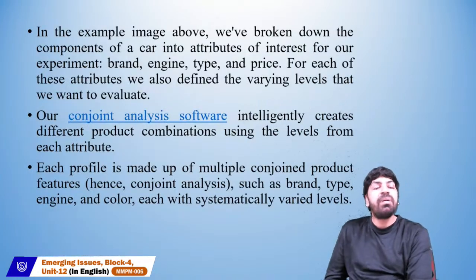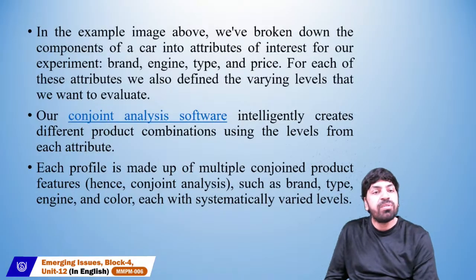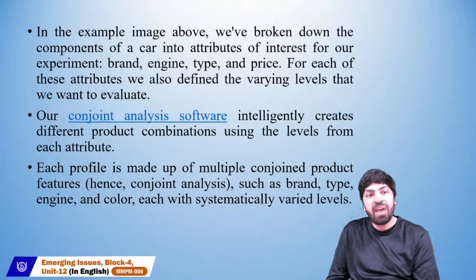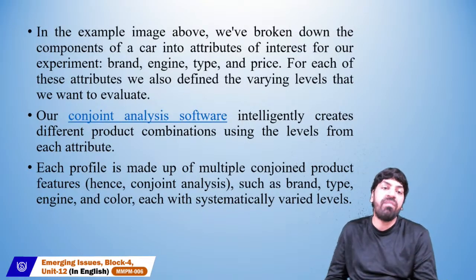So in this example that you can see in the image above, it has broken the components of a car into attributes of interest for our experiment like brand, engine, type, and price. And for each of the attributes, we have also defined the levels that we really want to evaluate.